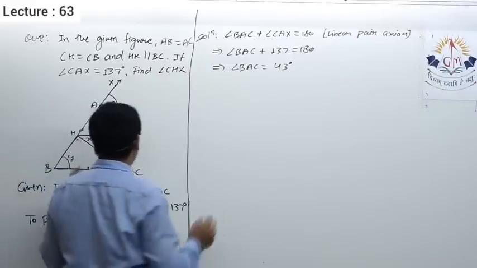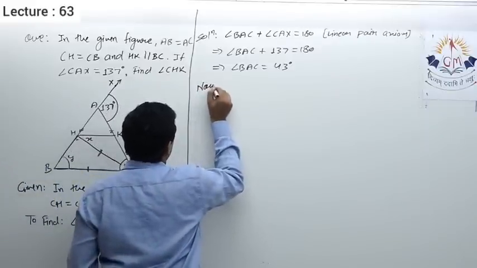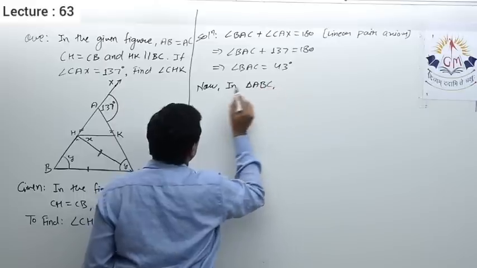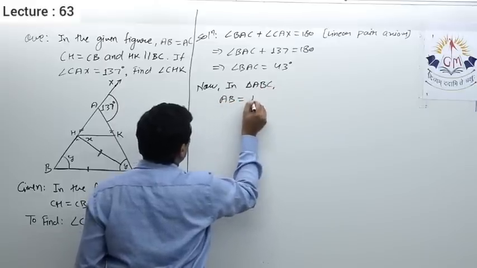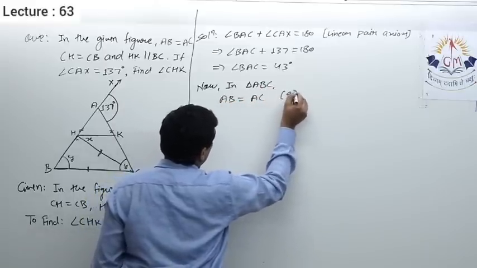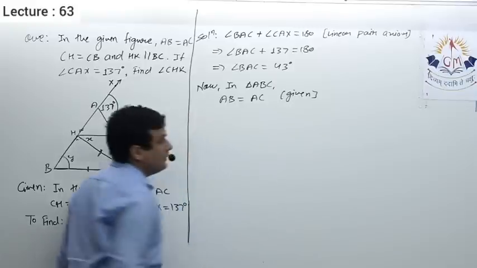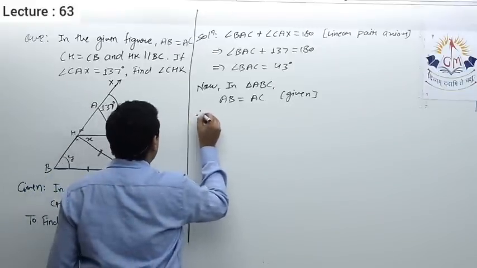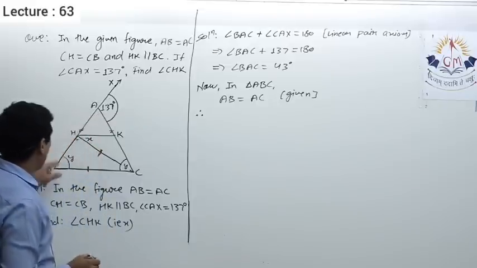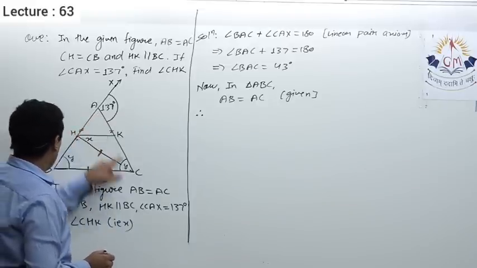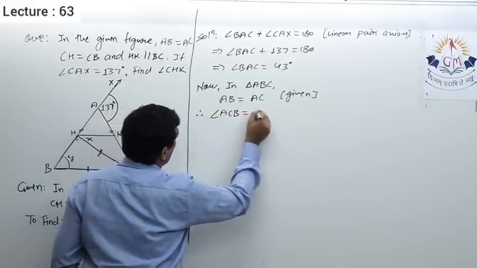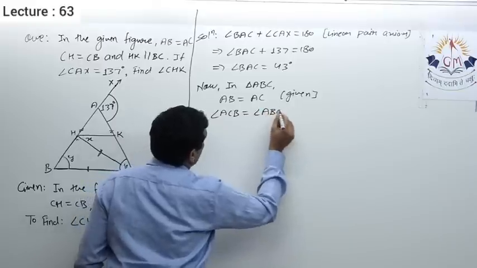Now in triangle ABC, AB is equal to AC. This information is given. Therefore, I can write the angle opposite to AB, that is angle ACB, is equal to angle ABC.